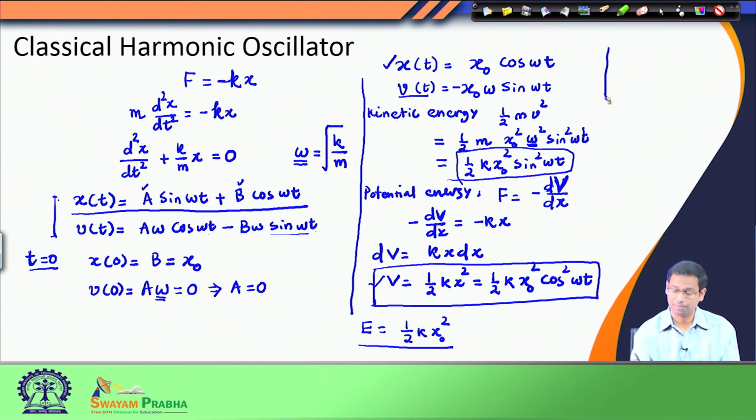So, if I plot the results that I obtained here, suppose this is my time axis and this is my energy axis, the potential and the kinetic energy will be a sine square function. This is the sine square function and this will be the kinetic energy, and the potential energy is the square of a cosine function.